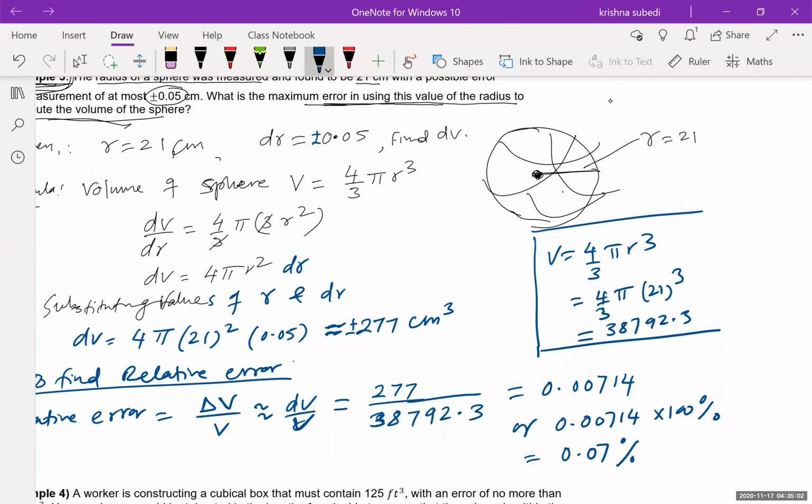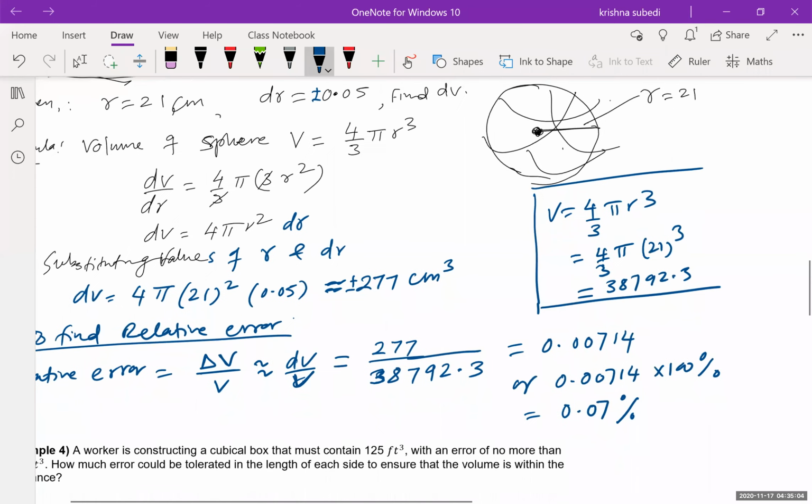I think so. Yes, I was checking how many of you are paying attention. Of course, if you multiply by 2 zeros, the decimal point moves, so it will be 0.7 percent. Thank you. Okay, that's it.